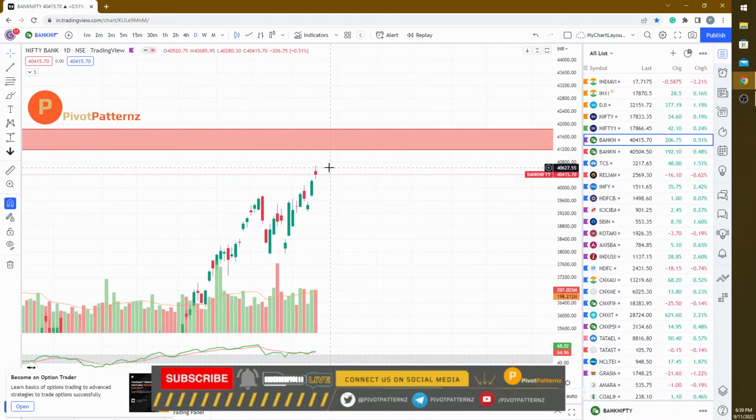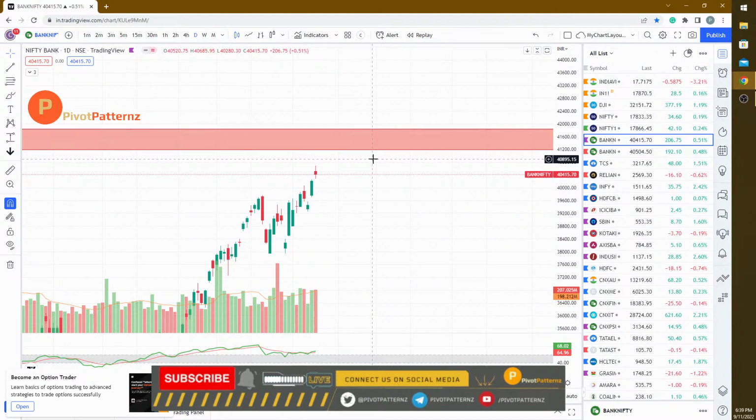So chances are we might test here. If you are going long on break of this, your profit booking should be here. And if you happen to short Bank Nifty in the upcoming week, make sure that RSI falls below 60 and the price is near this.